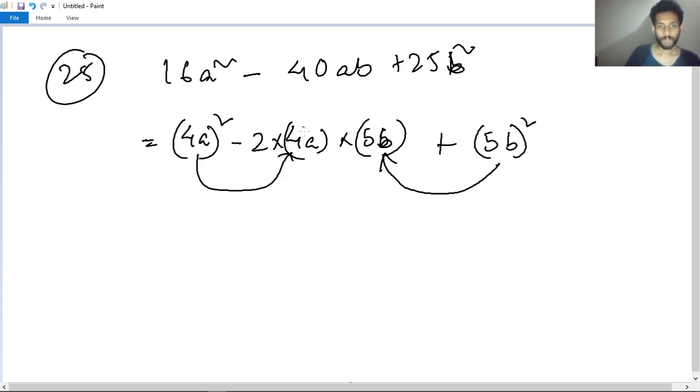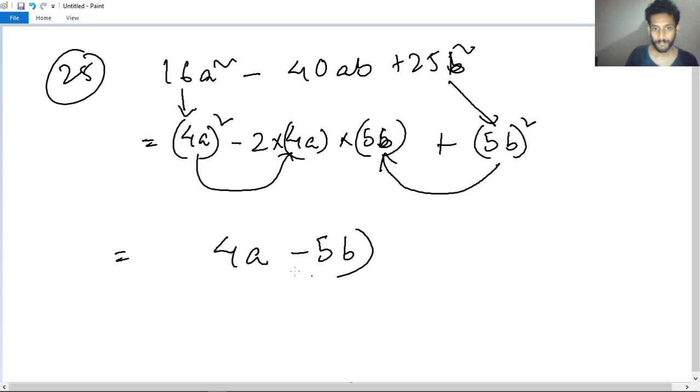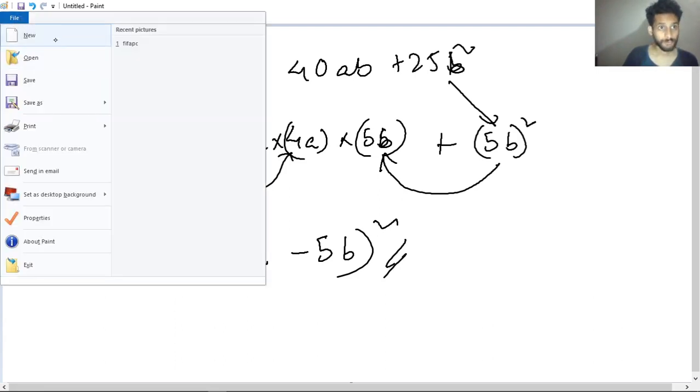See, if you multiply it, 2 into 4 is 8, 8 into 5 is 20, so it will give this one. You don't have to see it, but just keep in mind these two parts are important. So if you do it, (4a minus 5b) whole square. Okay, so this part is done.